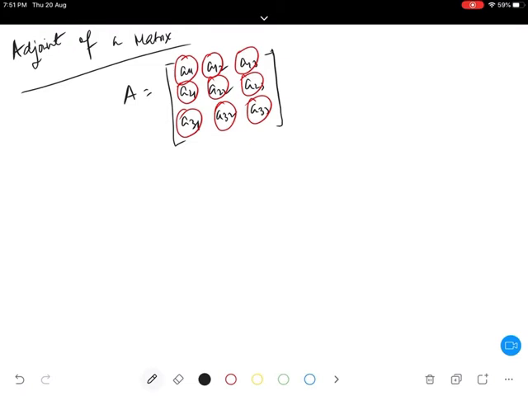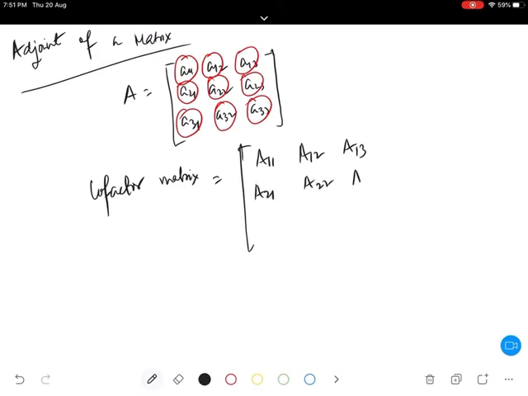So I will get a cofactor matrix, whose elements are the cofactors of the elements of the matrix which you are given.